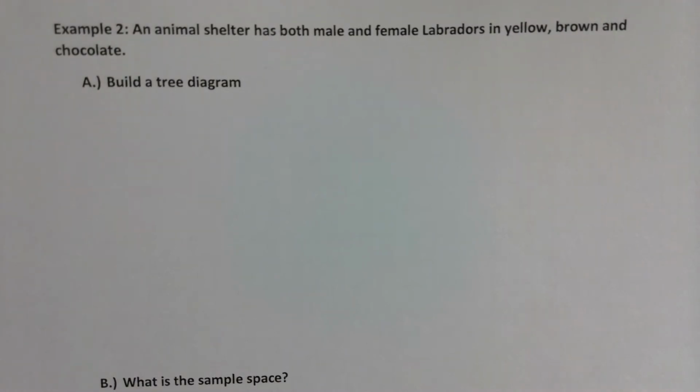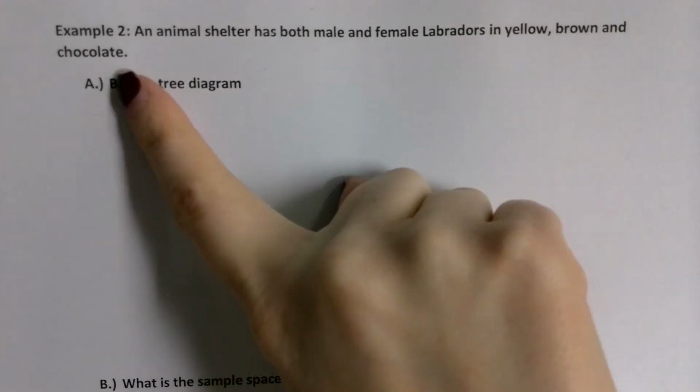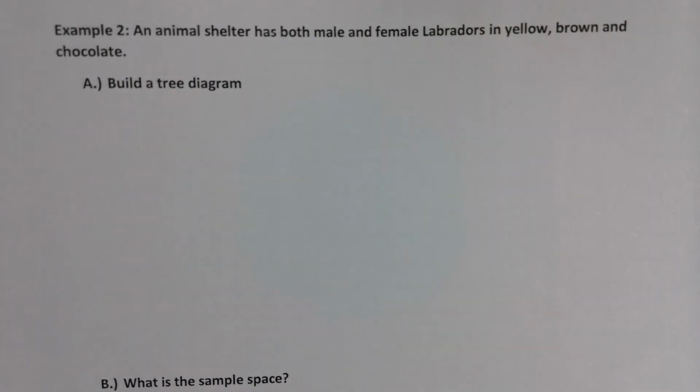What's the other category of things that you can choose from? The colors. You can choose 3 different colors: yellow, brown, and chocolate. So you have two categories, a category of gender and a category of color. So you want to, again, make your tree.